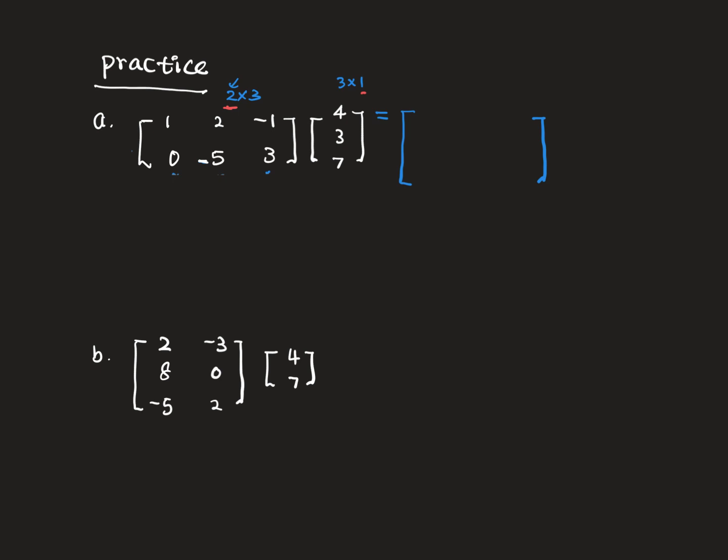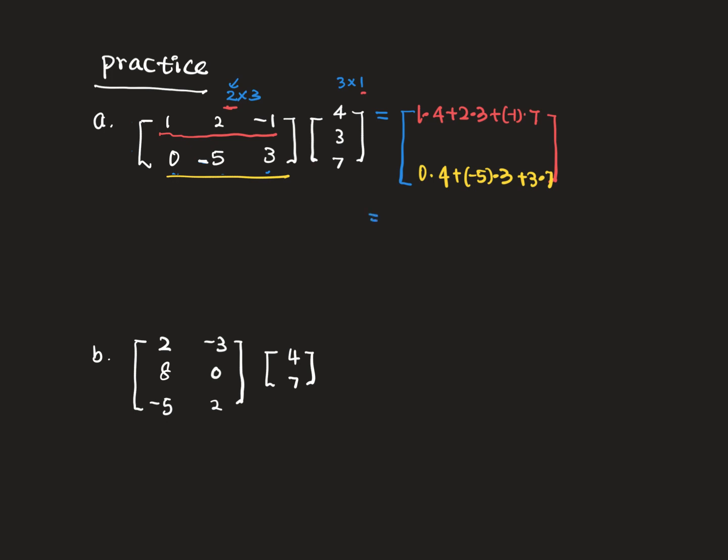So the first row, we're going to check it: 1 times 4 plus 2 times 3 plus negative 1 times 7, I'm sorry, guys, 7. Let's go to the second row: 0 times 4, negative 5 times 3, and 3 times 7.